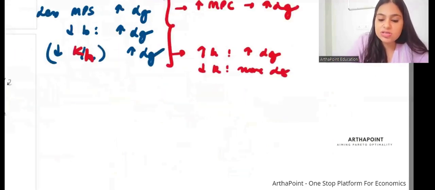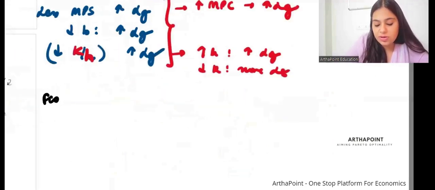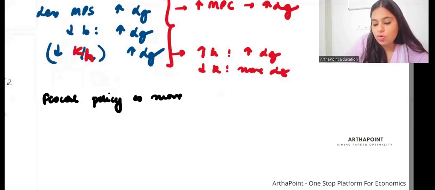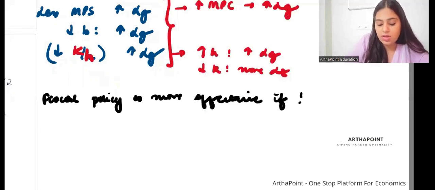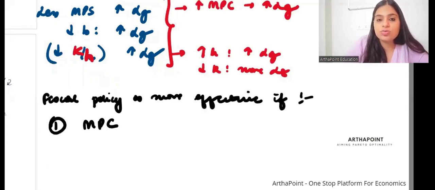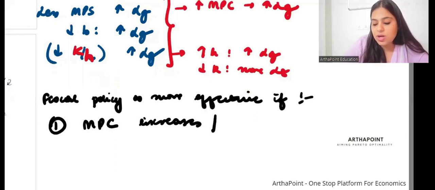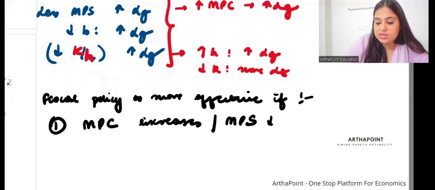When is fiscal policy more effective? A fiscal policy is more effective if, one, marginal propensity to consume increases, marginal propensity to save decreases.